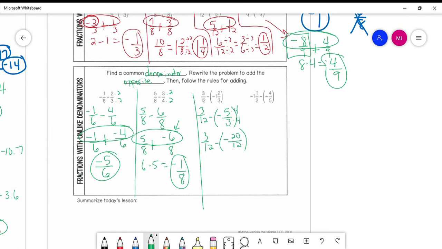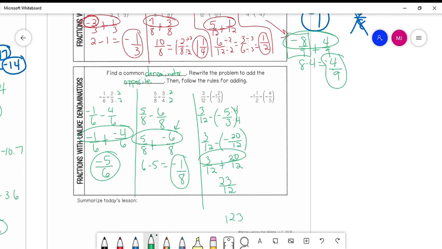Now our denominators are the same. We're going to add the opposite. Denominators the same. Focus on those numerators. Same signs. Add them together. 3 plus 20 is 23. Keep the denominator. This is improper.